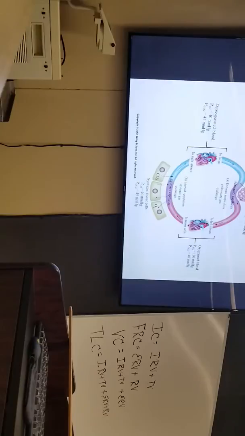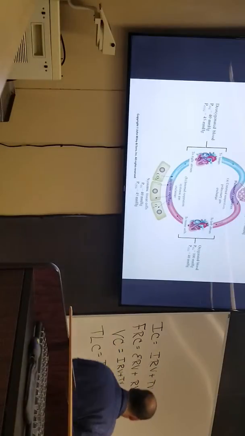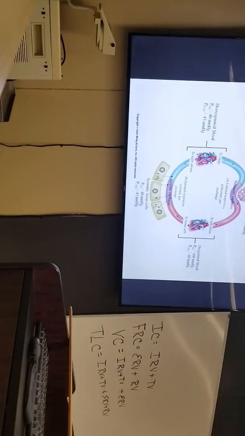That's going to help make up that 760 millimeters of mercury. Each gas has its own pressure to make up the atmospheric pressure. So in the 760 millimeters of mercury, we have nitrogen, oxygen, water, CO2, plus other gases.